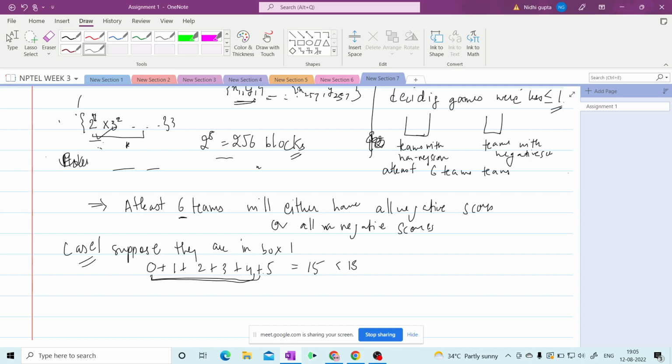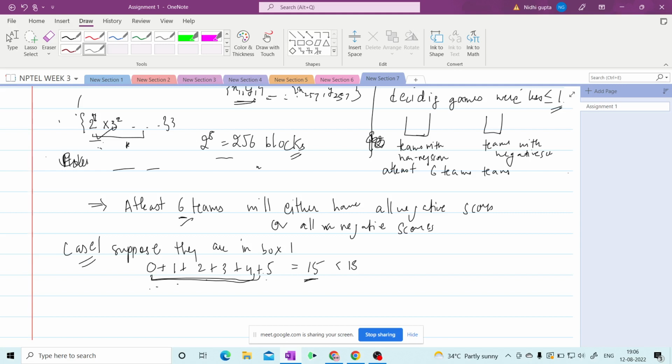So by case 1 we know that at least 6 teams have non-negative score, and further if we assume that all have distinct scores, the minimum possible scores of all the teams are 0, 1, 2, 3, 4, 5, and it is adding up to 15.